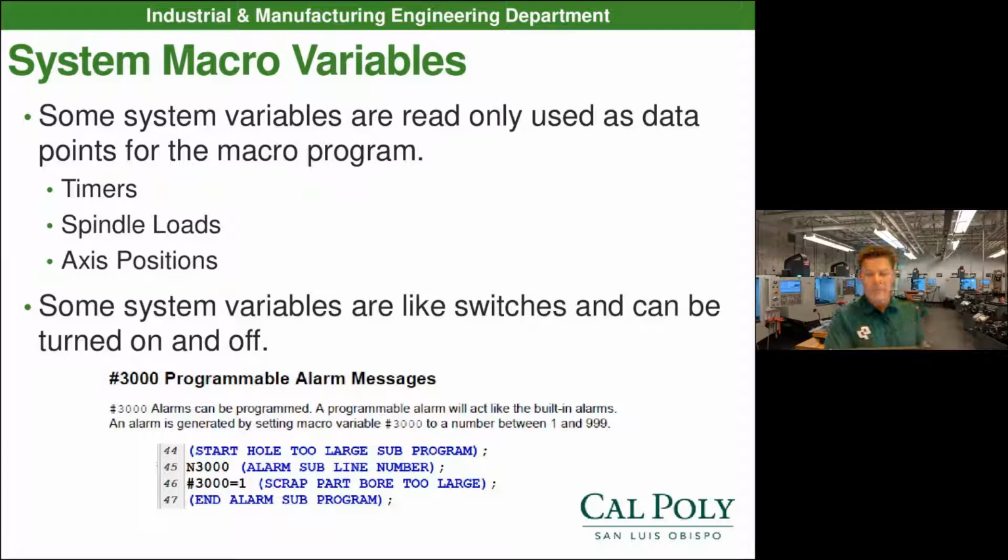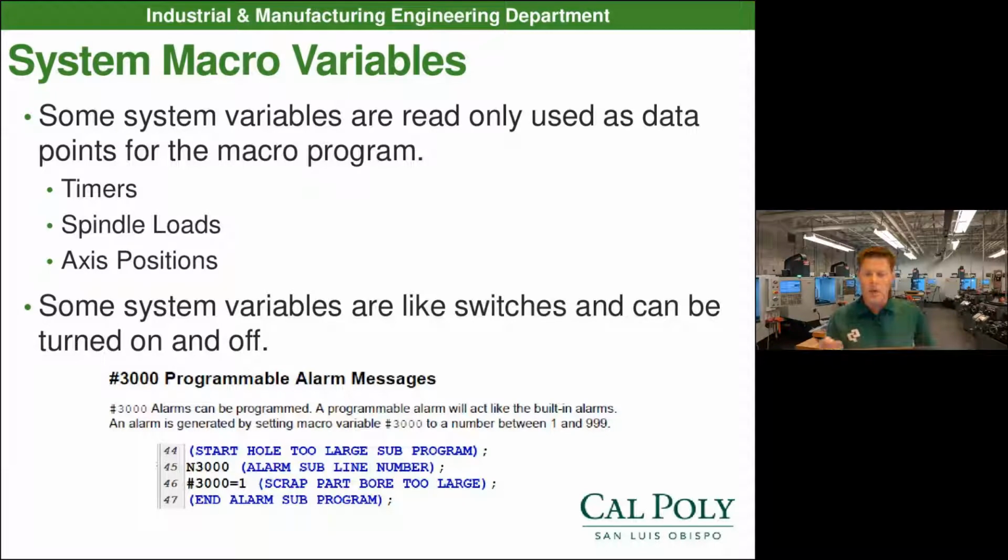So some system variables are like switches. I want you to realize that, where they can just be turned on and off right there. For example, I could program an alarm. I can turn on an alarm at any time and make it say whatever I want. So if I program in pound 3000 equals 1, that's a programmable alarm macro code.